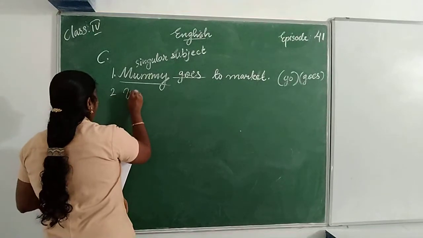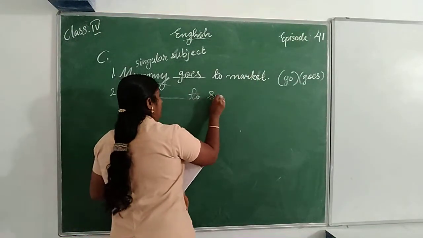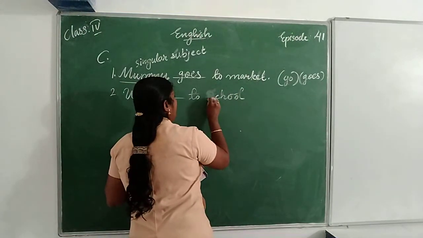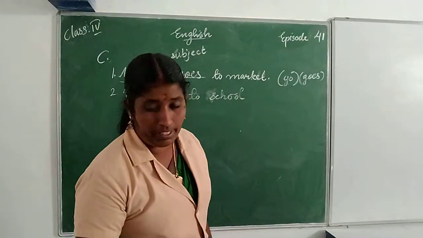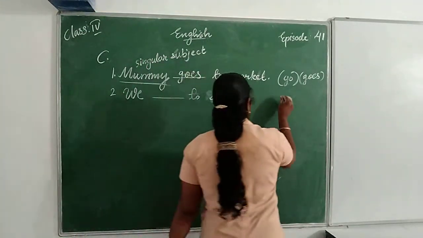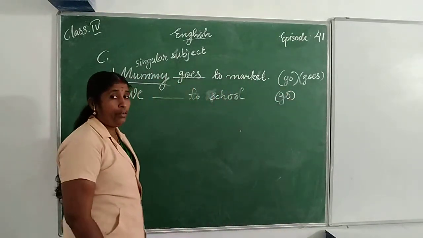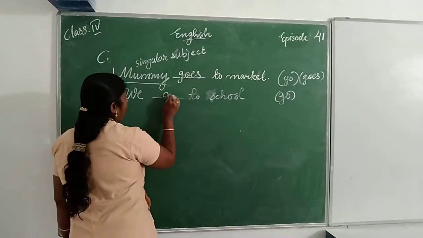Second one. We dash to school. The verb given is go. The plural form of the verb go is go. We go to school.